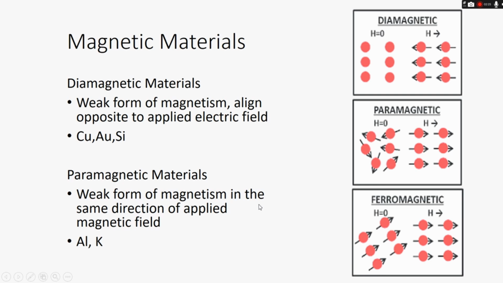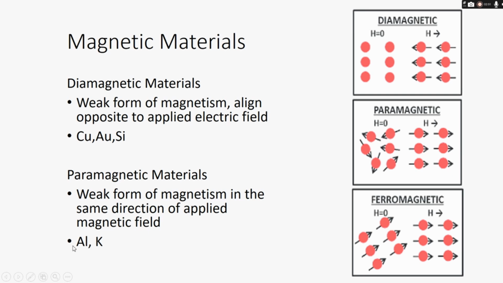It is not that they show no magnetism, they show some form of magnetism. At H equal to 0, they are in random directions, but when placed in a magnetic field, they align in the same direction.